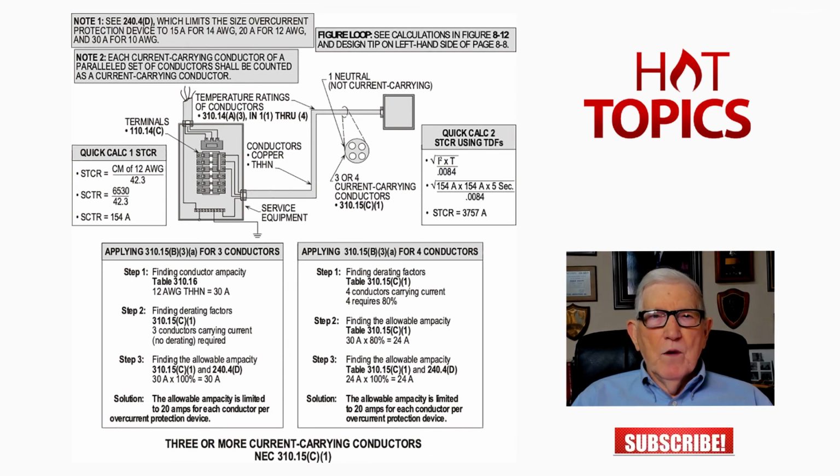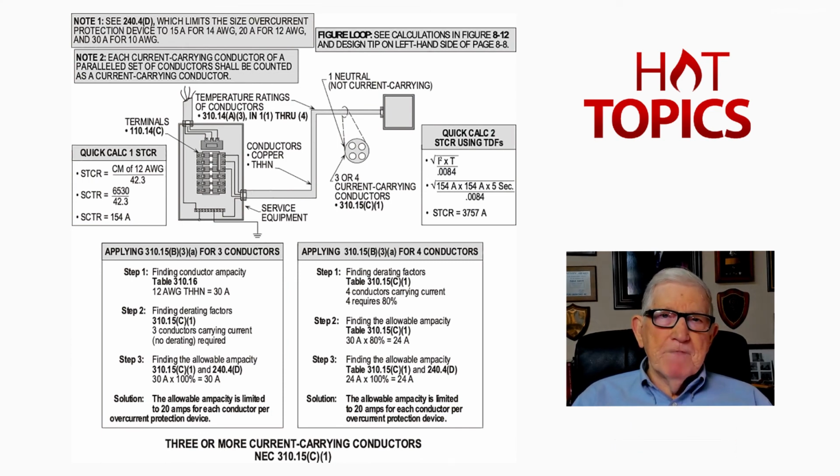Now, we could also pick up the GFCI protection, and we know that's in 210.8(A) for dwelling units. 210.8(B) is for other than dwelling units like commercial or industrial. And then if we want the AFCI protection, we can pick that up in 210.12 of the NEC.